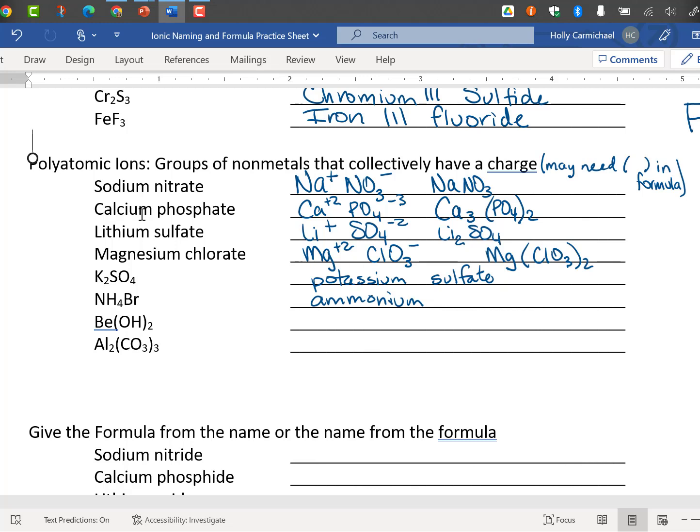So when you look at it, you're like, wait, there's no metal. But you have to remember that NH4 has a positive charge, so it's still an ionic compound. NH4 is always just called ammonium, and then the bromine makes bromide.